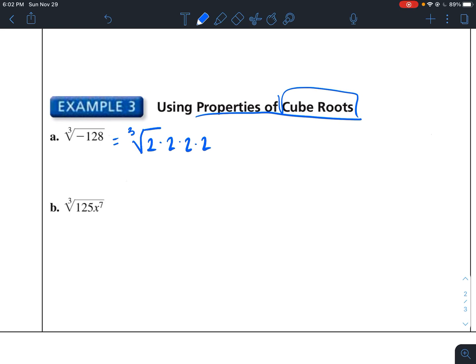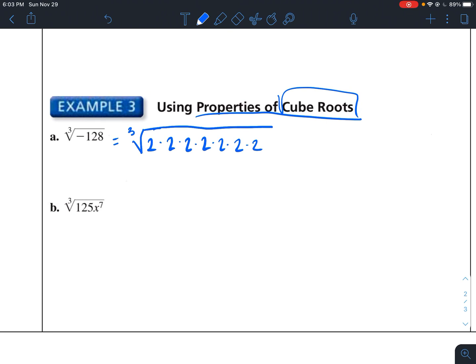And 16 can be divided by 2. So that's 2 to the 5th power, to the 6th power, to the 7th power, I think. Yeah. So 1, 2, 3, 4, 5, 6, 7, okay?